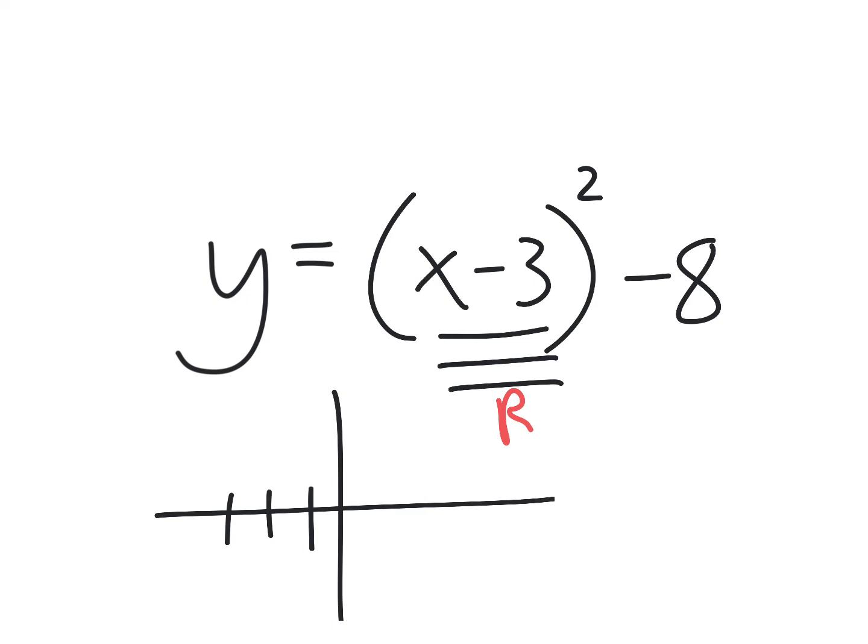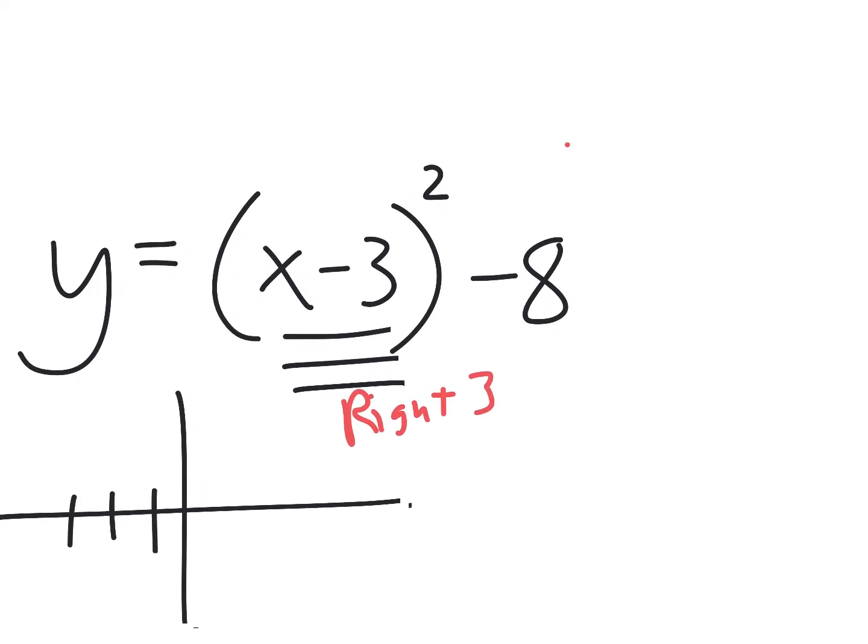You were right. This one moves right 3. And how about this 8 here? That feels like, if it's going to be up and down, do you agree it seems like down 8? And you can trust that. It is down 8. You can trust what's on the outside, but you can't trust what's on the inside.